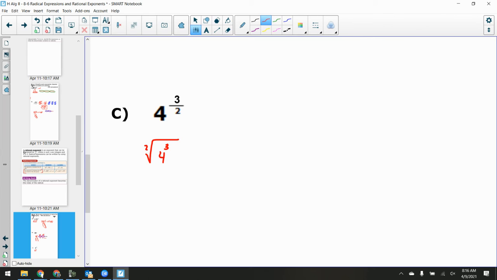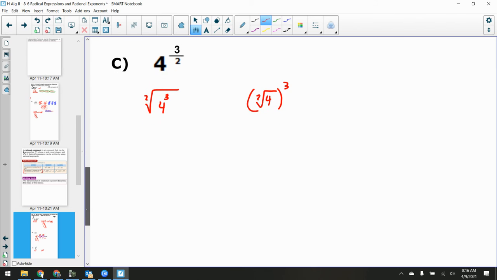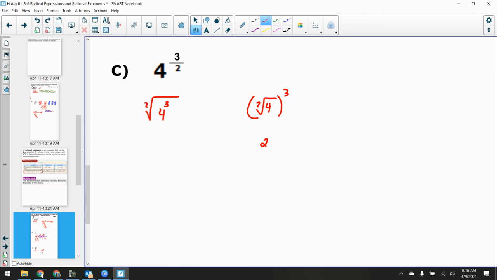Or you can take the square root of 4 and then take that to the 3rd power. Honestly, you could do both without a calculator. I'd like to do the square root of 4 first, if that's all right with you guys, because that's a little easier. The square root of 4 is 2. 2 to the 3rd is 8.